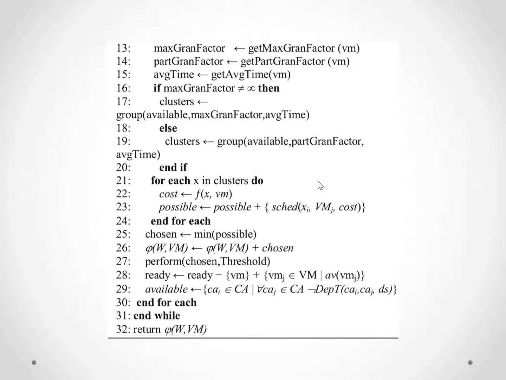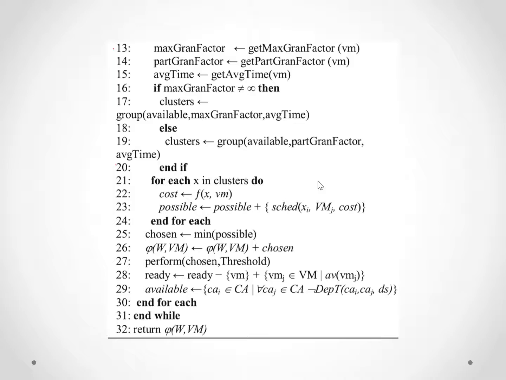Now from line 13 to 20, if there's an idle virtual machine, then the algorithm analyzes the granularity factor. This factor is then used to group available cloud activities to encapsulate in a new one, that is, group cloud activities into clusters.